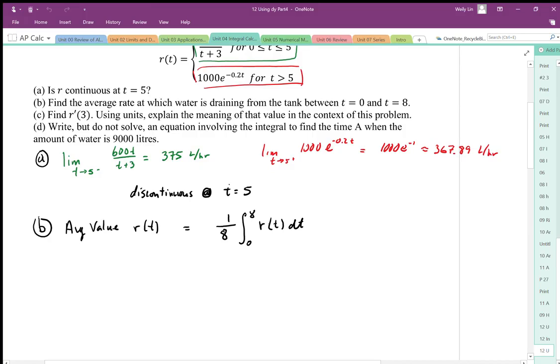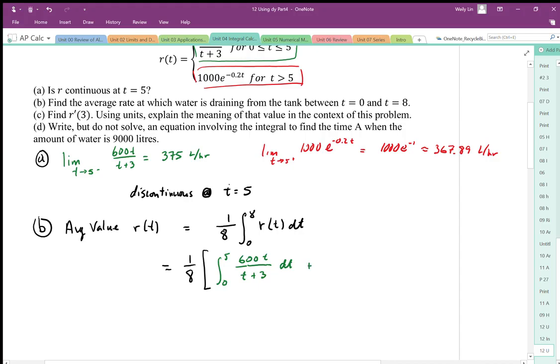Now the problem is the R function is defined differently from 0 to 5 and from 5 to 8. So we're going to have to rewrite this integral and split it into two parts. So the integral in two parts is going to look like this, and I'll do different colors. The first part is going to be the integral from 0 to 5 of 600t over t plus 3.